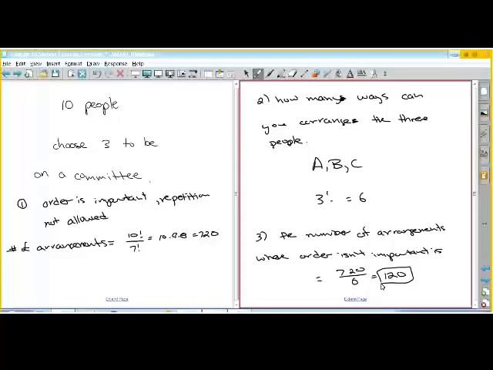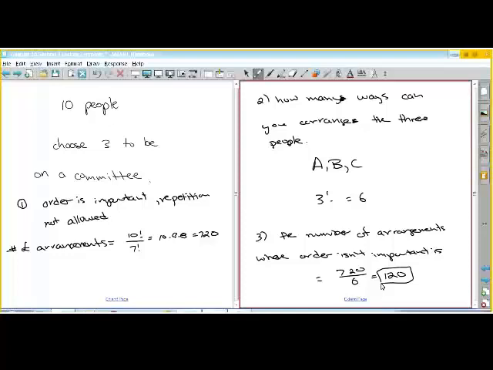So to answer my original question, how many committees can I create from 10 people if the committee contains 3 people? The answer is 120. I find out the total number of arrangements where order is important. Then I say, if I have 3 people, how many ways can I order that? The answer is 6, and so I divide it out and I get the answer.